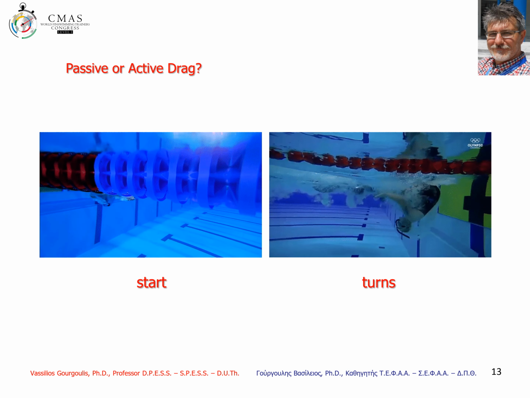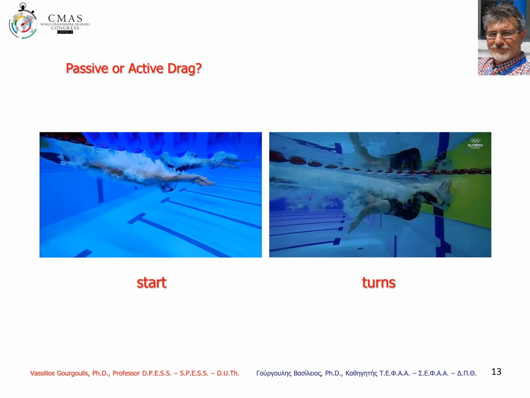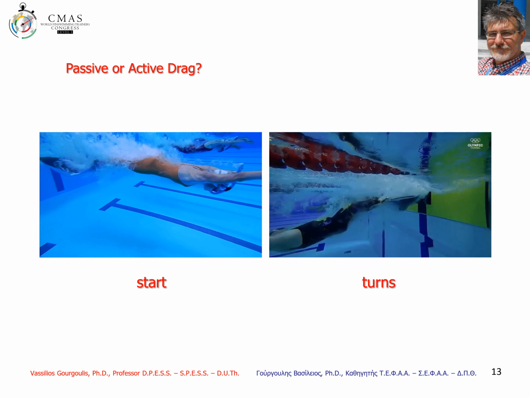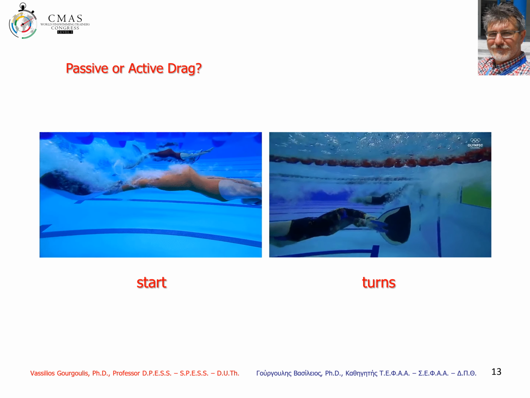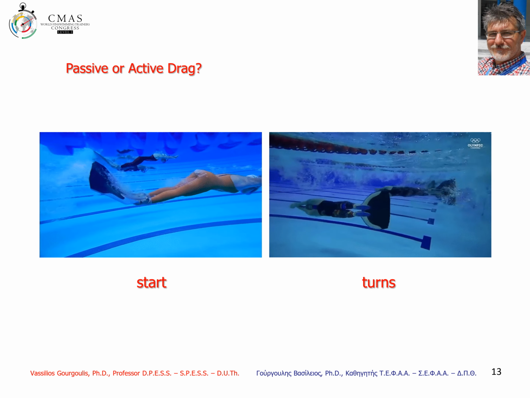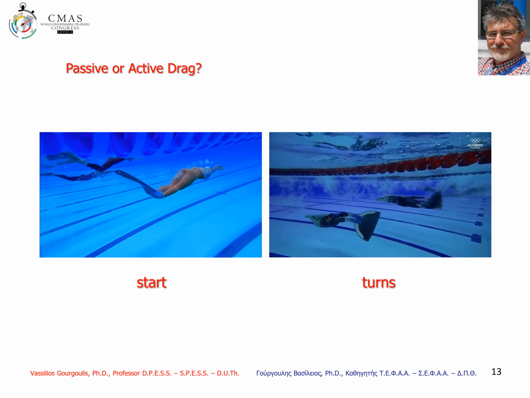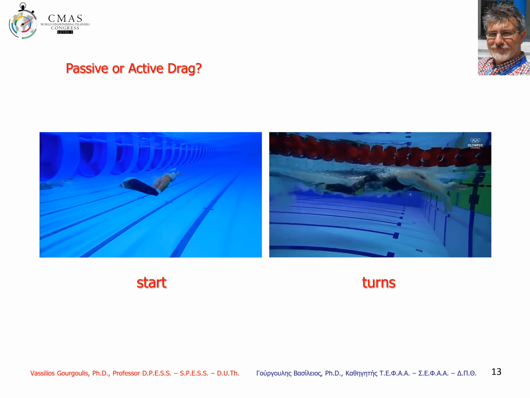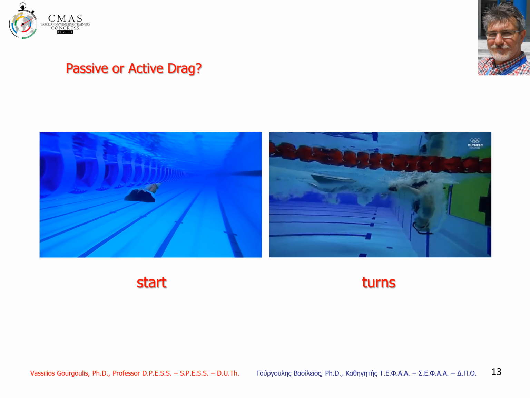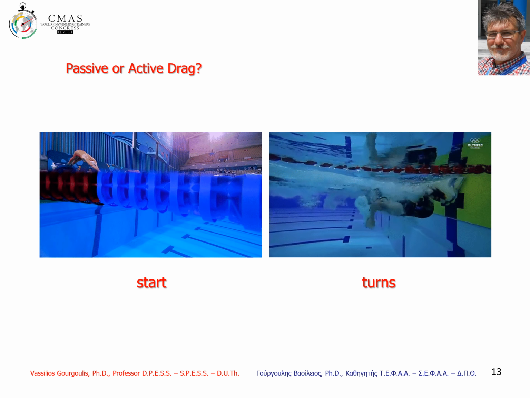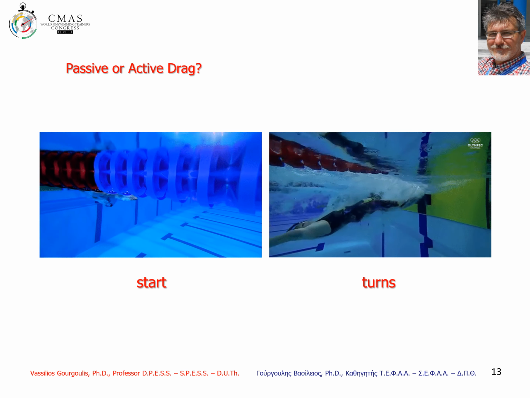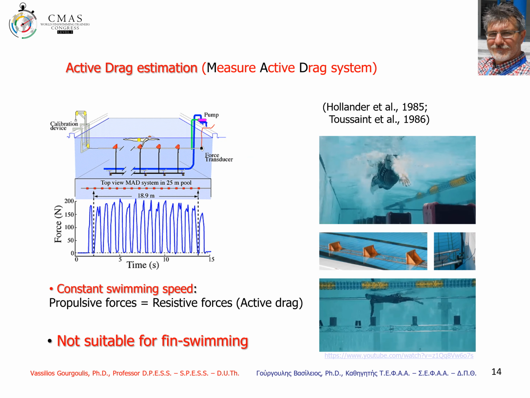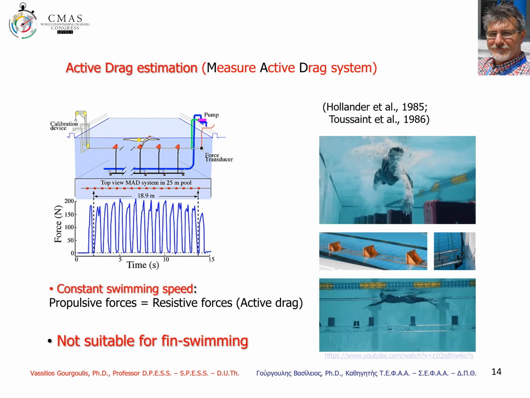However, swimmers experience passive drag only during the glide after the start and turns, while fin swimmers start their undulation immediately after the start and turns. Thus, active drag seems to be more important. However, the estimation of the active drag is much more difficult.